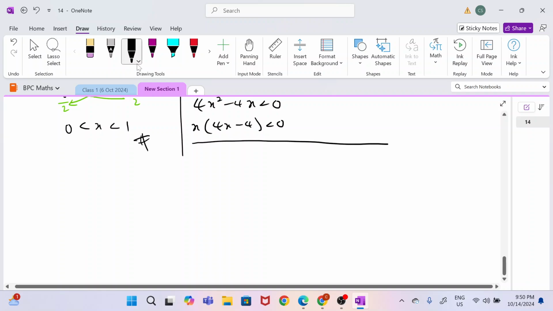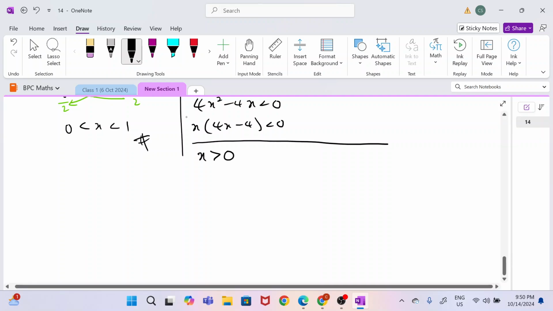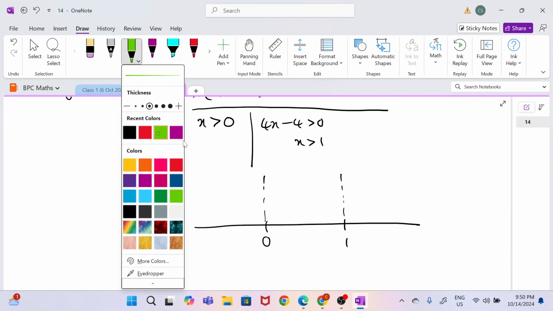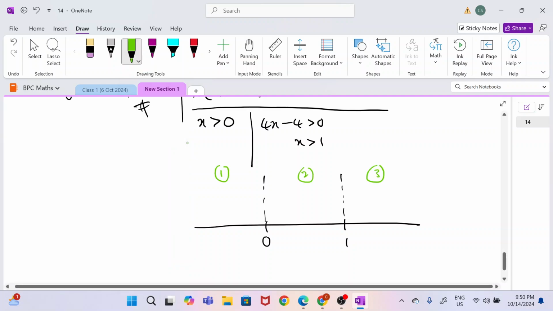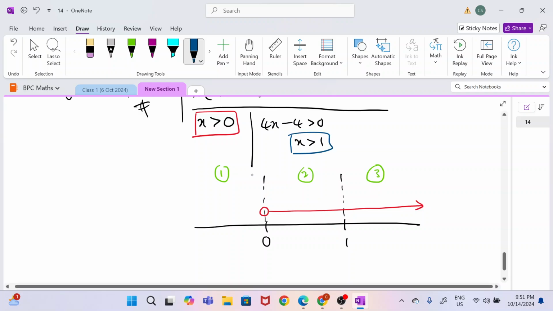Factor form, I put a line here. 1 factor x, another factor is 4x minus 4 greater than 0, x is greater than 1. But right now you should be able to understand how to do this number line, because we have done a lot.